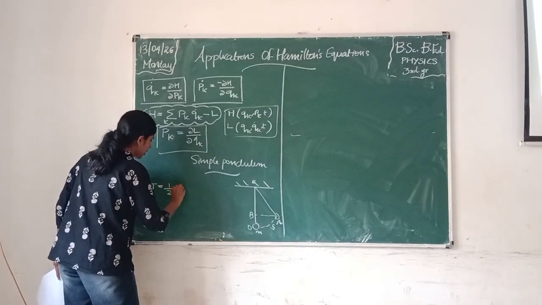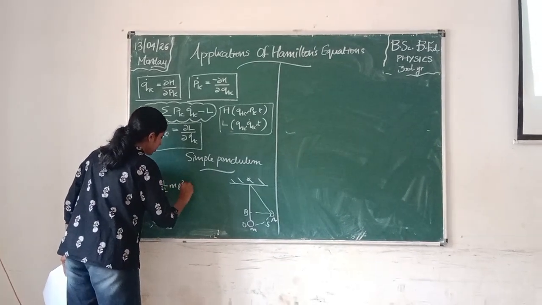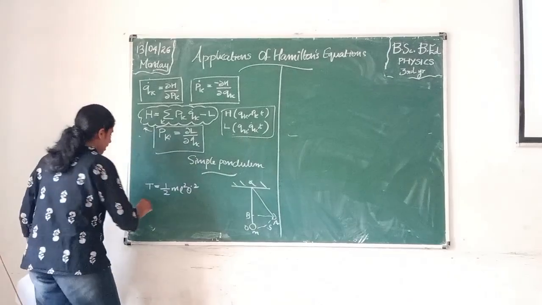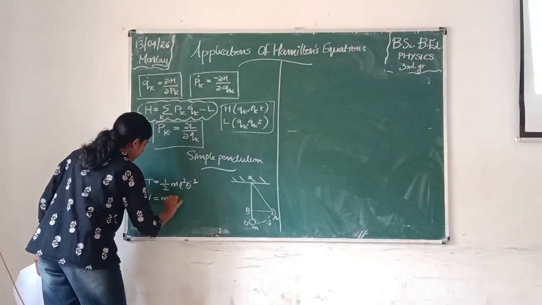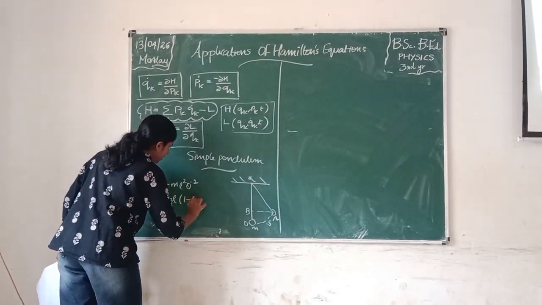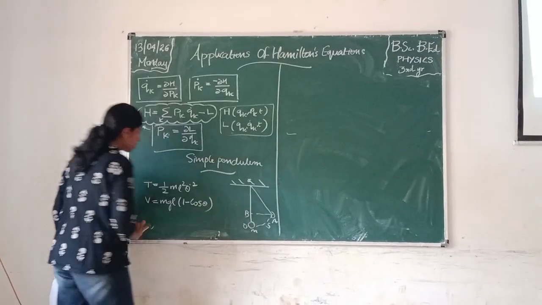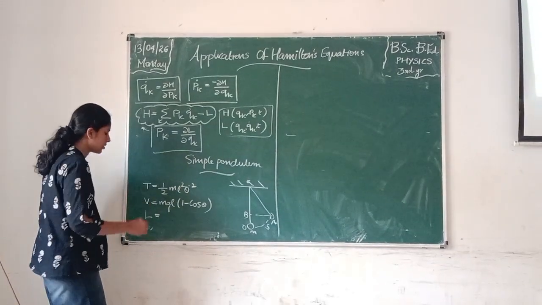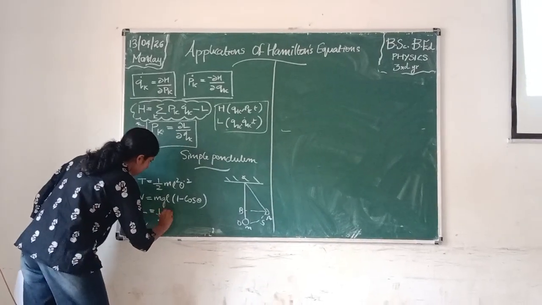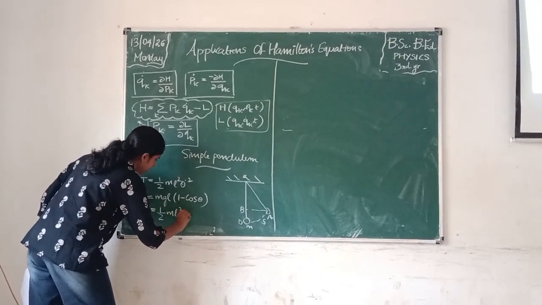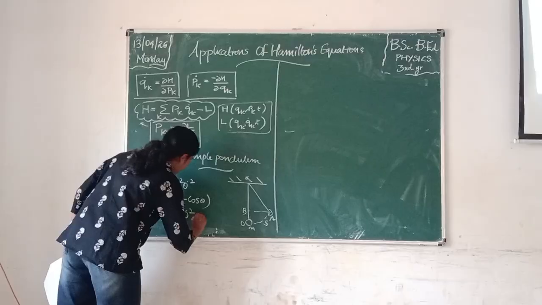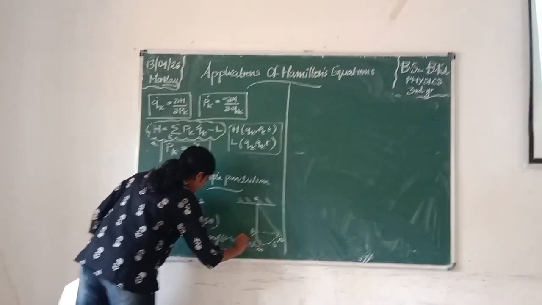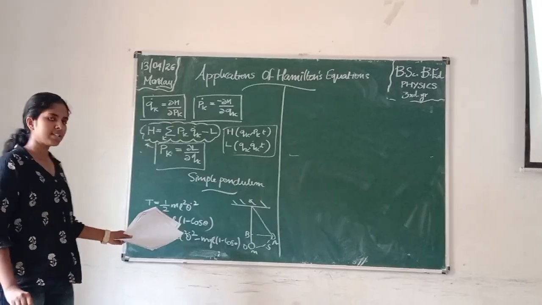Kinetic energy is half m L square theta dot square, right? You already know that. And V is mgl into 1 minus cos theta. So what will be L? L is equal to T minus V, that is half m L square theta dot square minus mgl into 1 minus cos theta.